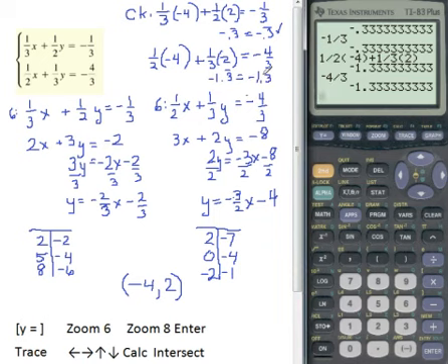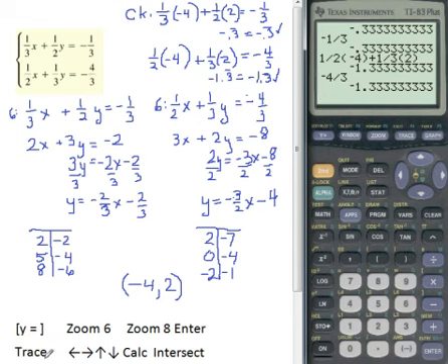And that's it. Let's go over this briefly. The first thing that we did so that we could use the y equal key was to get y alone in both equations. And then we put it under y equal, y1 and y2. We hit zoom 6 to get a centered graph, then zoom 8 enter to get nice values on our graph.